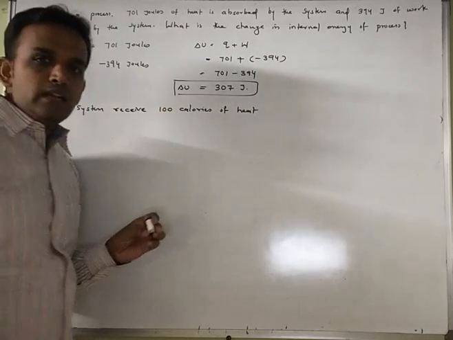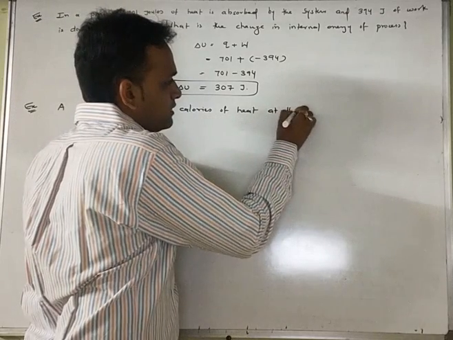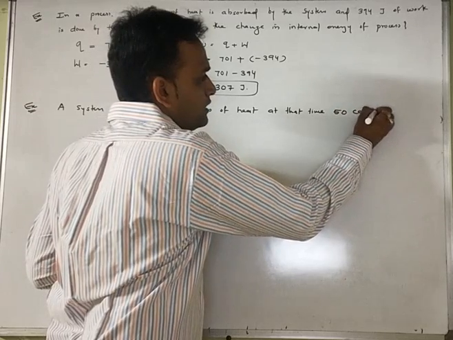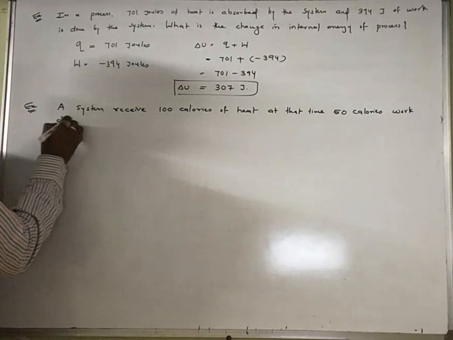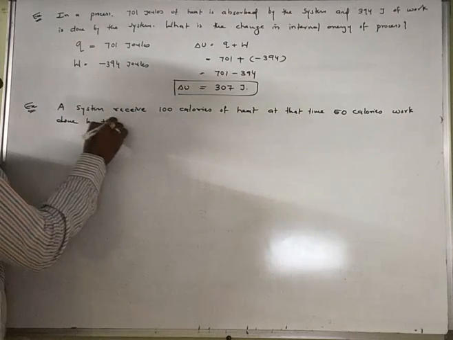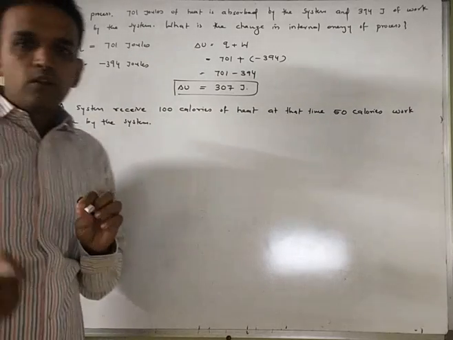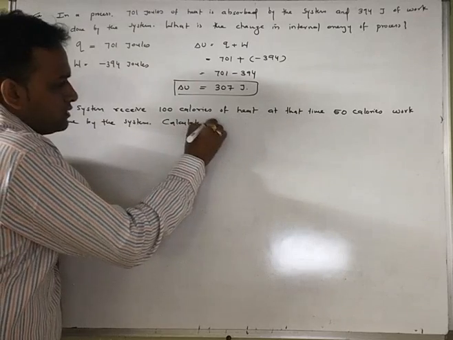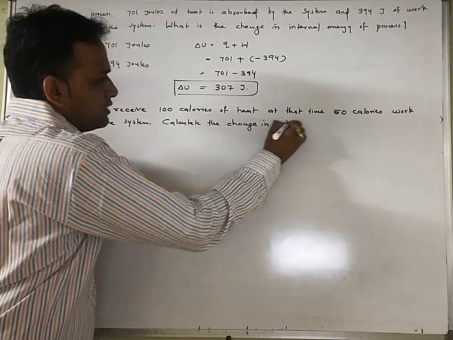At that time 50 calorie work is done by the system, right? Calculate the change in internal energy.